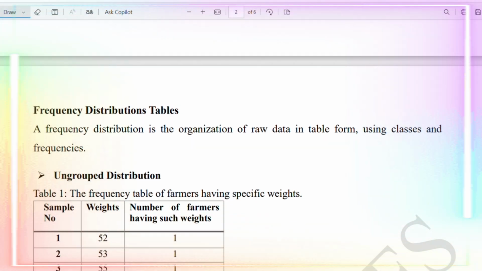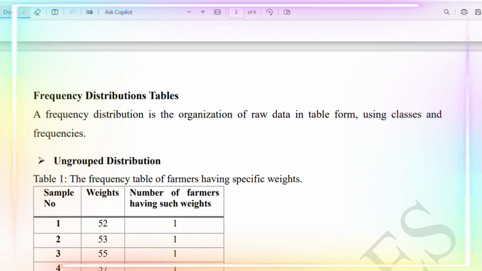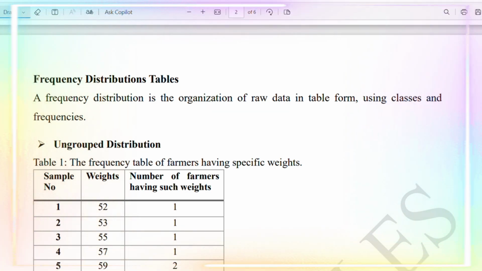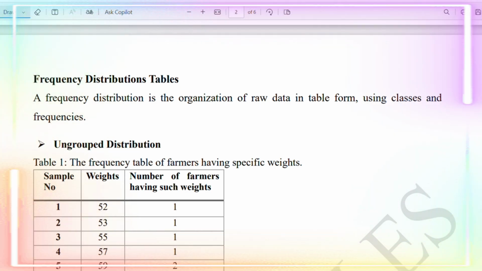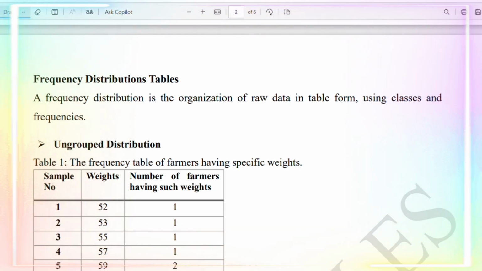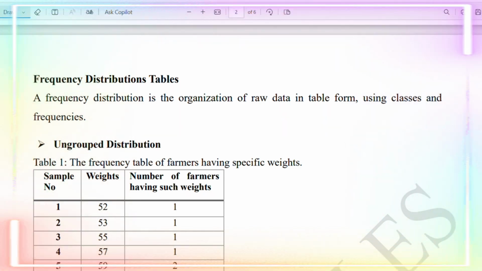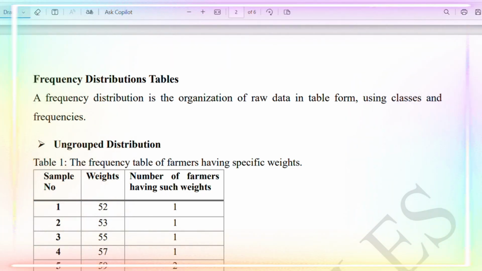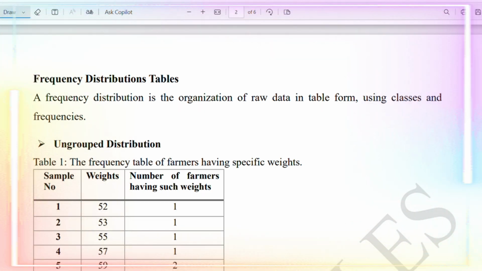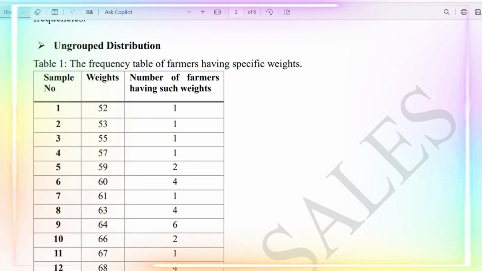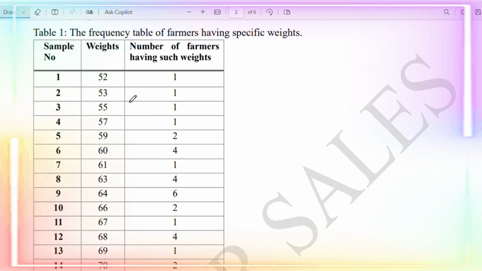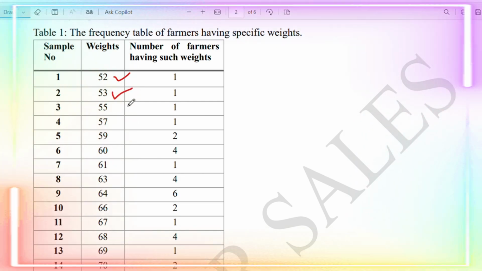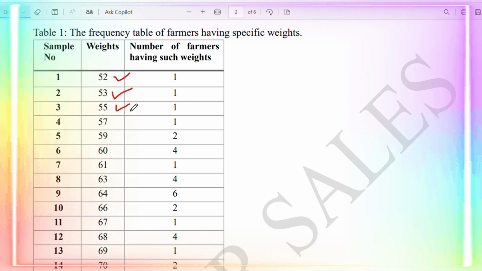Now from there we can derive what we call a frequency distribution table. Now we have 35 observations here. We can present this as it is in an ungrouped distribution, and if we do that, then we have all the observations listed from 52, 53, 55.